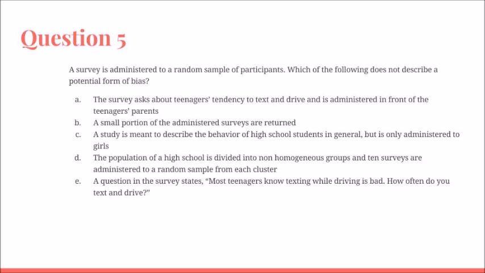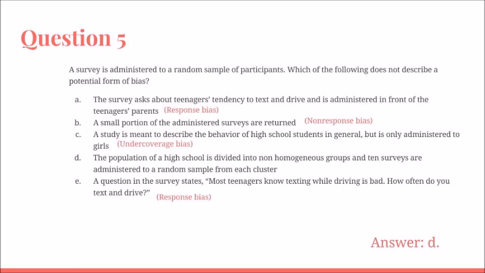So the answer is D. Let's take a closer look at why the answer is D. Answer choice A contains response bias since the design of the survey somewhat impacts the sample, because with the presence of parents, they're less likely to be honest. Answer choice B contains non-response bias since only a small portion of the sample answered the survey questions.